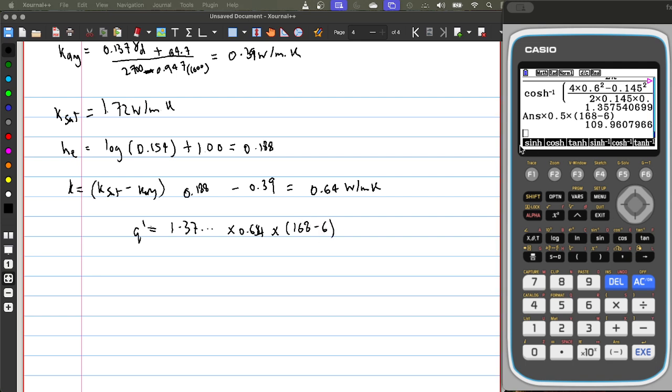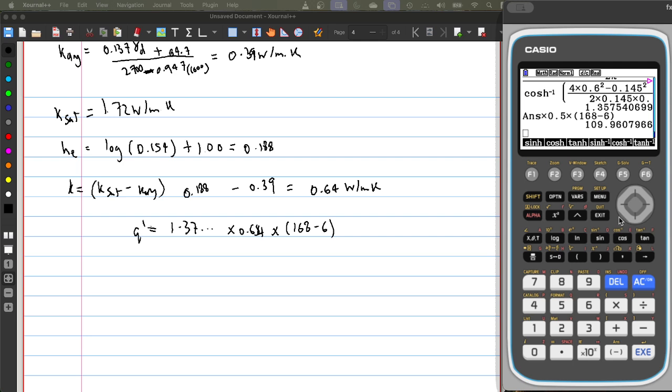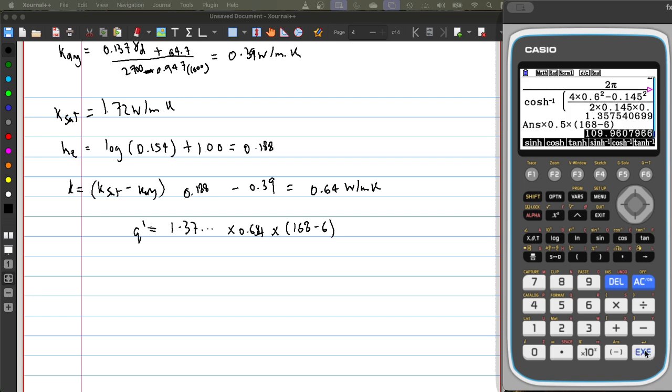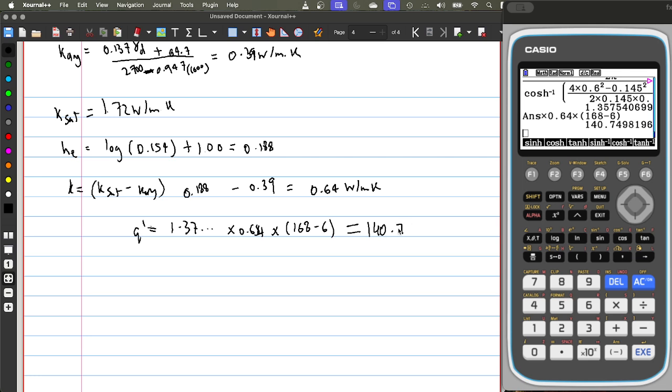So with the calculator in hand, I change this to 0.64. If I go up again here and press equal, I get around 140.74. So we get 140.74 watts per meter.